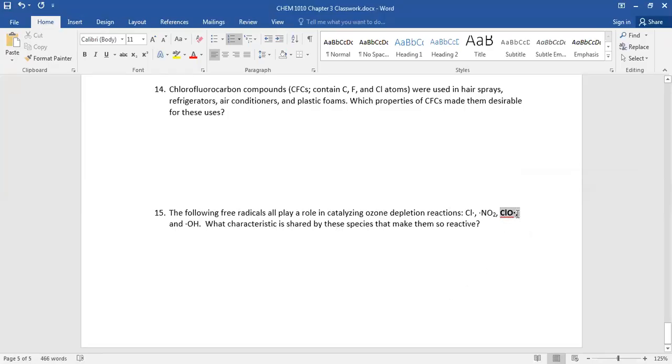It's not a minus sign, actually. It has a little dot there. And that little dot, that's an unpaired electron. Remember, a little dot in a Lewis dot structure represents an electron.